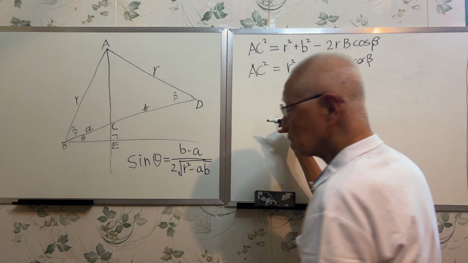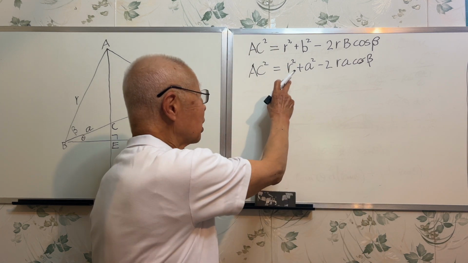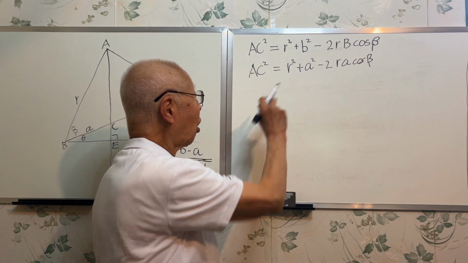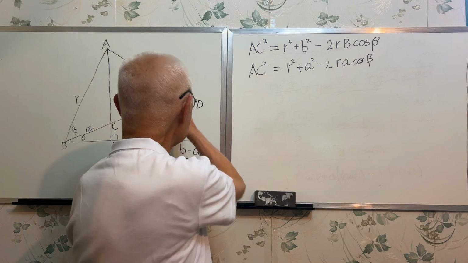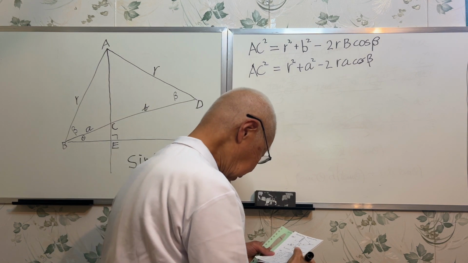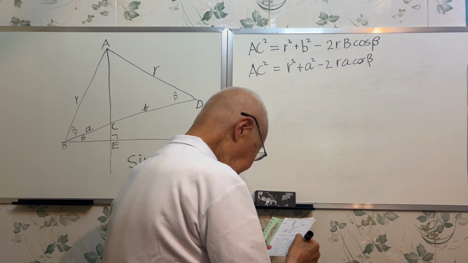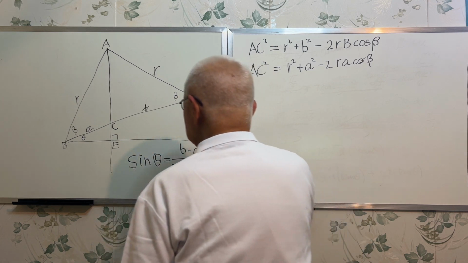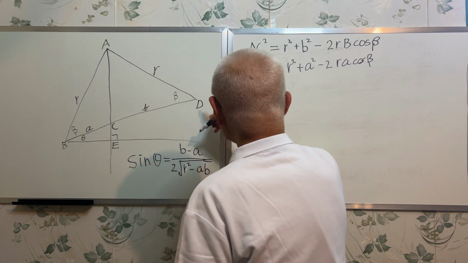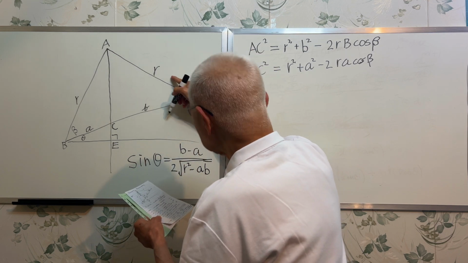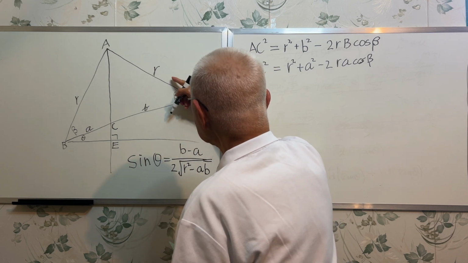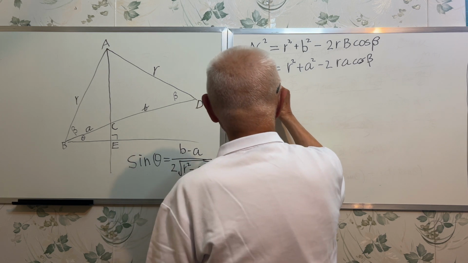So this is another cosine law using another triangle. I can use the same triangle, but start with this side, r squared. So let me write another cosine law, r squared.